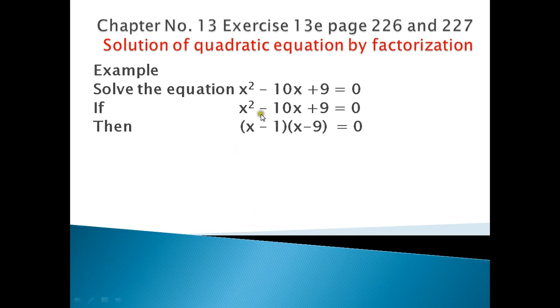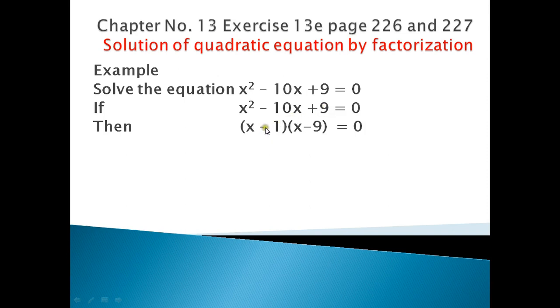If x square minus 10x plus 9 equals 0, we will make the pair of 9: when we multiply it should be 9, and when we add it should be minus 10. Now you can see minus 1 multiplied by minus 9 will be plus 9.